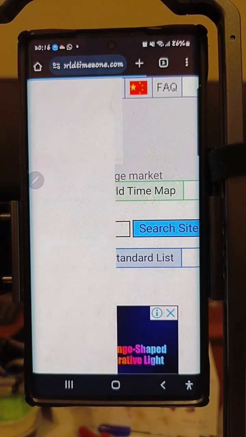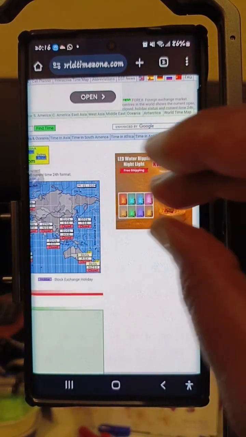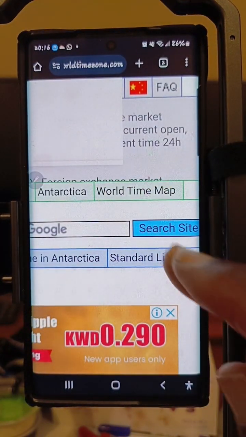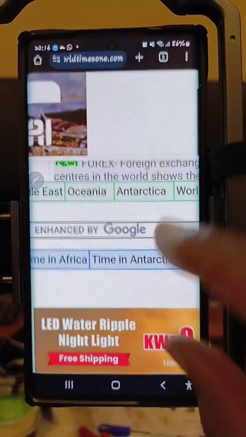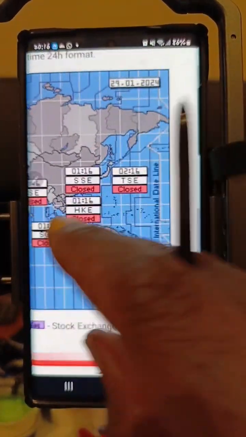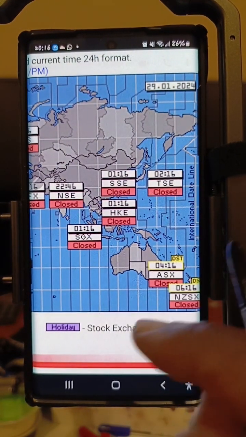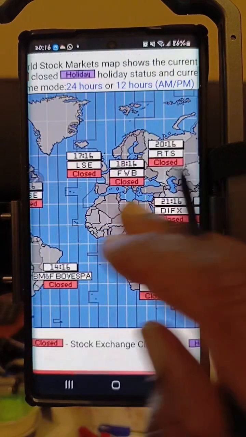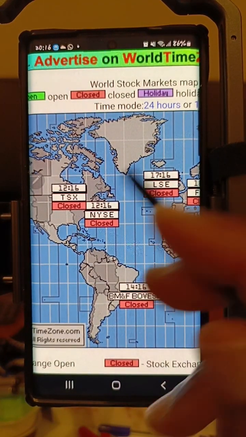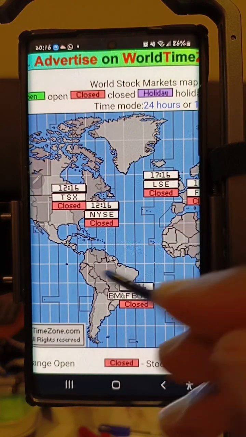This one, it tells you when all the markets are open. Okay, and you work your way across. The best time to come in the market is when the volume is increasing.